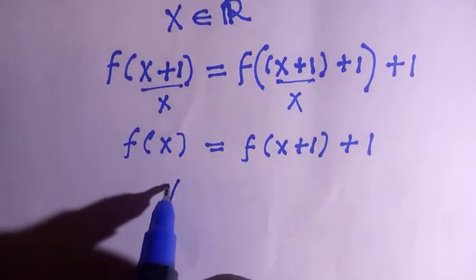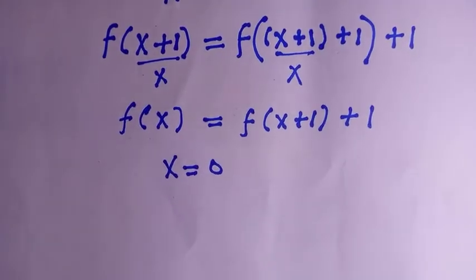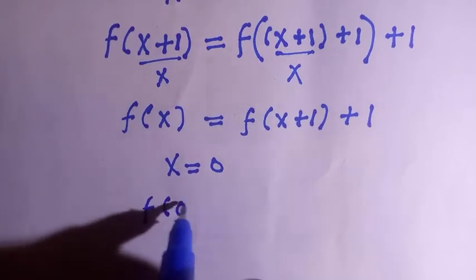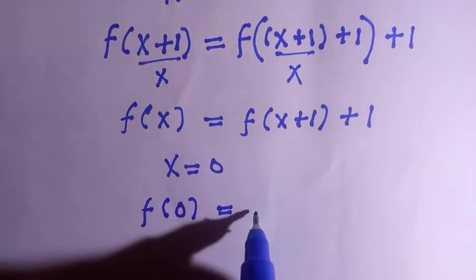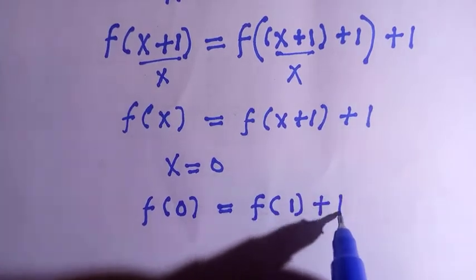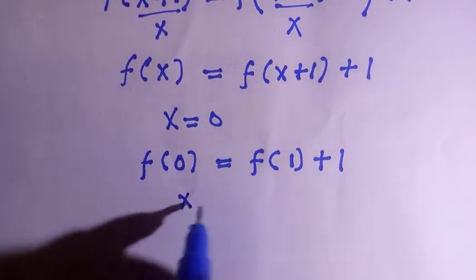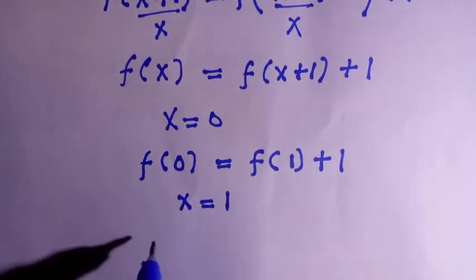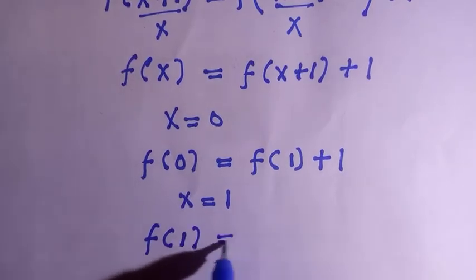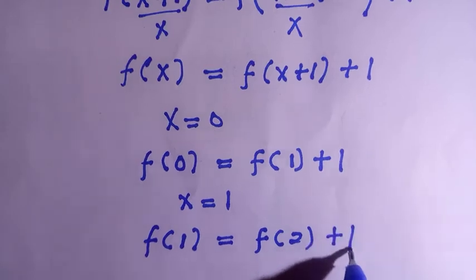If I start testing, let's say at x equals 0, by replacing x with 0 here, we have f of 0 equals f of 1 plus 1. Let me test for x equals 1. Then we have f of 1 equals f of 2 plus 1.